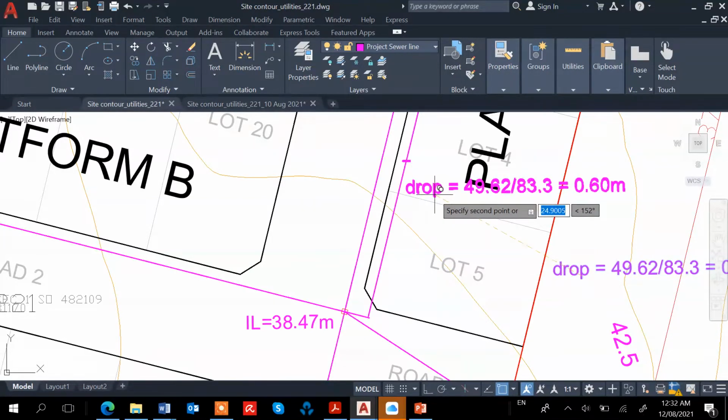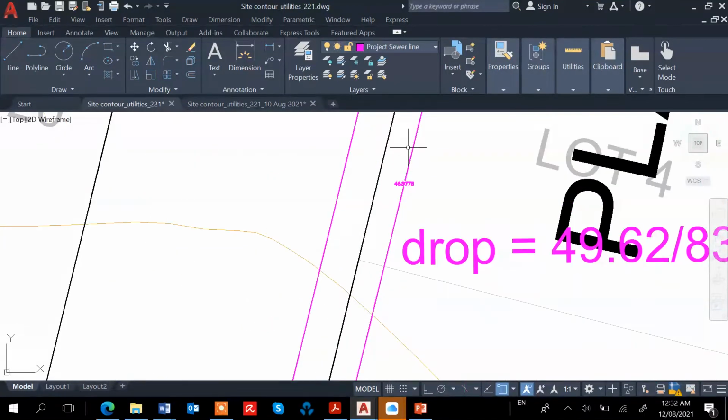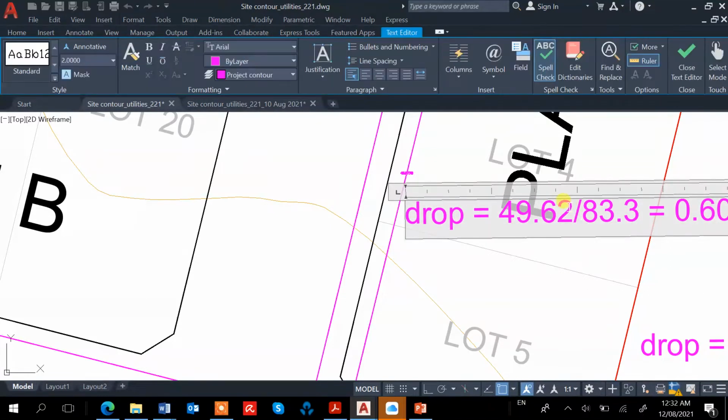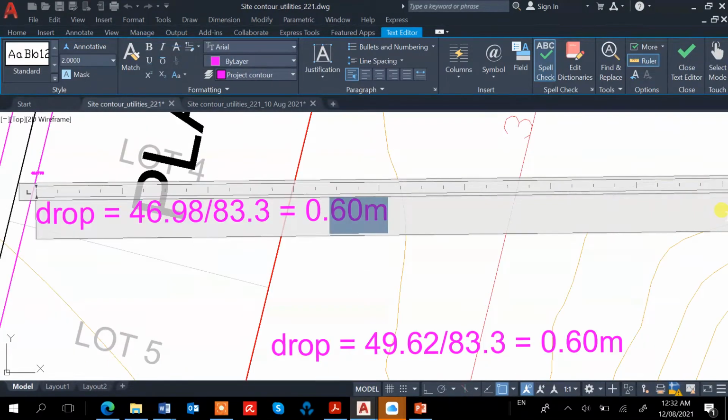So the drop for that point: 46.98 divided by 83.3 is 0.56. So 0.56.